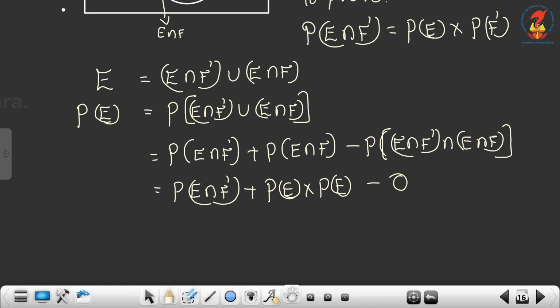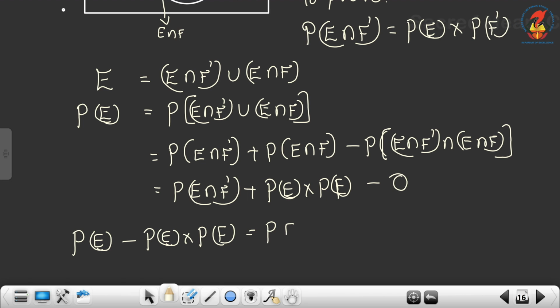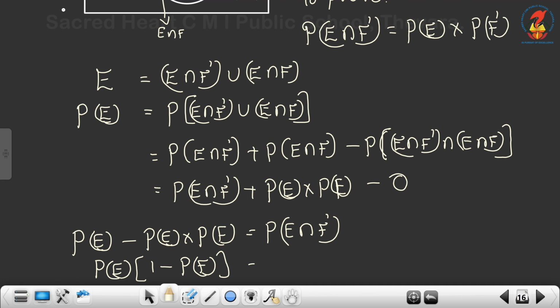Now take to the left hand side. Here we have P of E minus P of E into P of F equals P of E intersection F dash. P of E is common. Take it outside. P of E into 1 minus P of F is P of E intersection F dash.